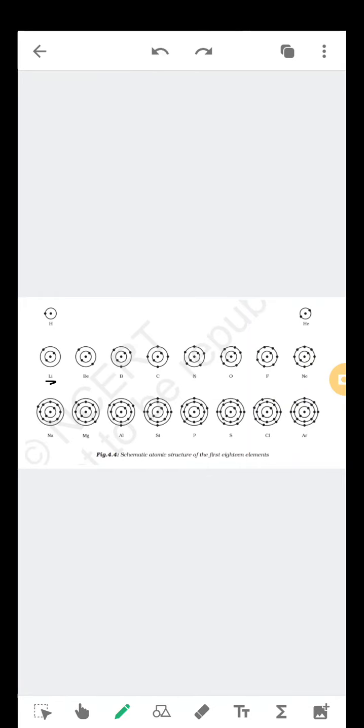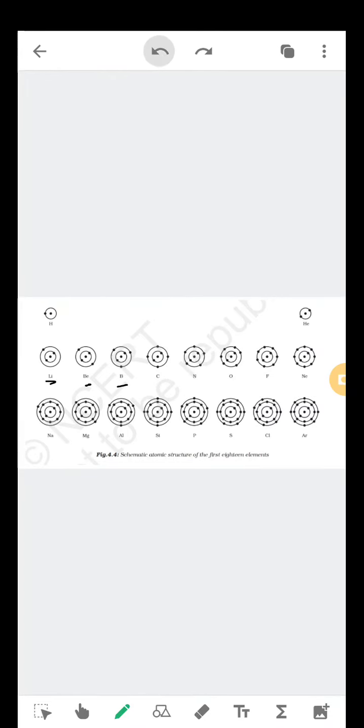In beryllium there are 4 electrons, in boron there are 5, in carbon 6 electrons, in nitrogen 7 electrons. If you see the outermost shell electrons, in lithium there is only 1 electron, in beryllium there are 2 electrons, in boron there are 3, in carbon there are 4.